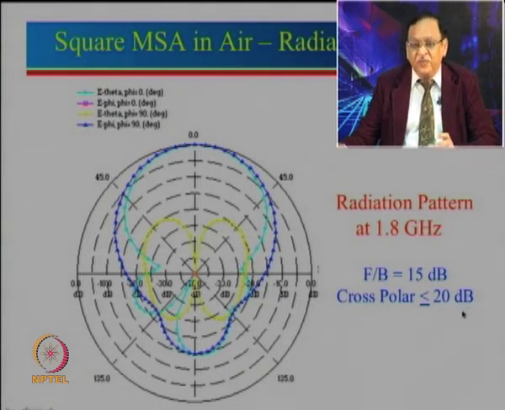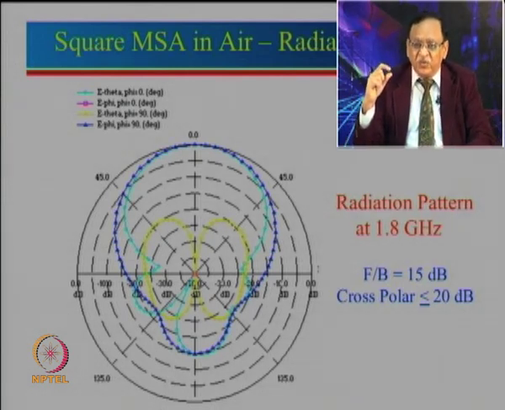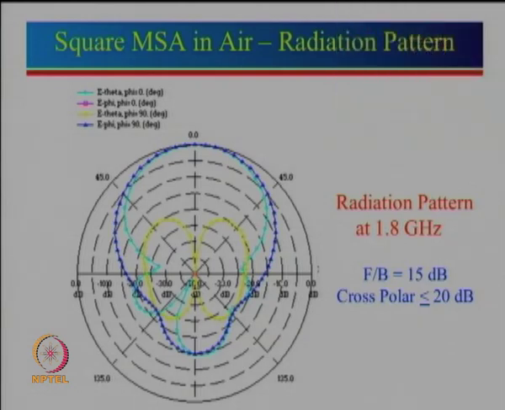The only reason for this is that the substrate height is more, because we realized a larger bandwidth, and for larger bandwidth substrate height is more, and that would mean probe length is more, and if the probe length is more, that means it is a better monopole radiation, and there will be a little larger component of the cross polar.